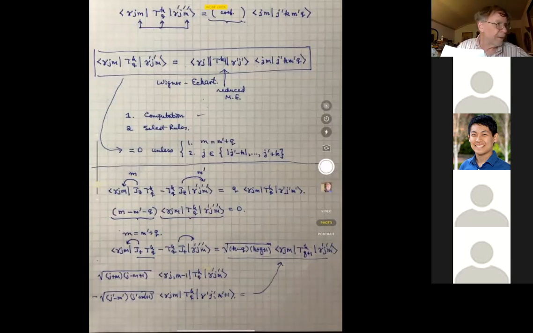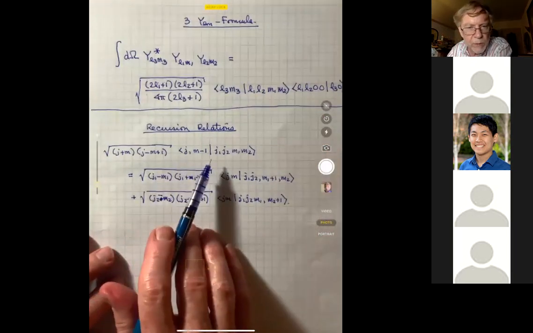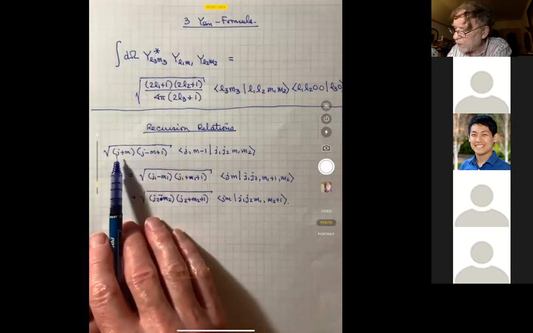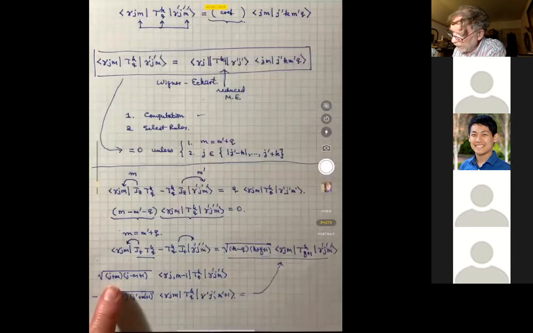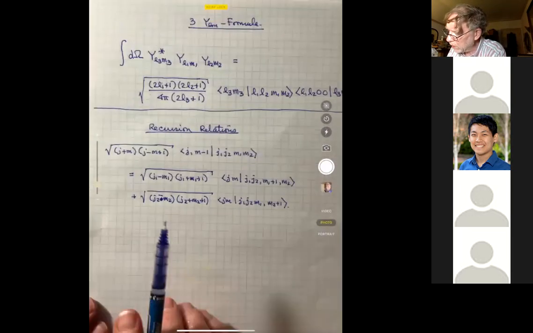And it is exactly the same structure as the recursion relation for the Clebsch-Gordan coefficients, which I've listed out here. This first term here with the square root of J plus M, et cetera, corresponds to this term here where I let the J plus act to the left. That J minus term here will bring it over to the right-hand side to give us two terms with plus signs. And that's what these two things are.